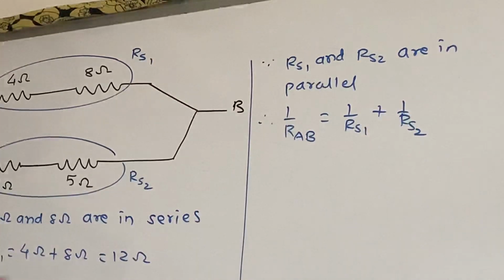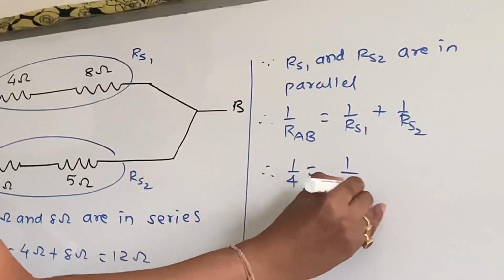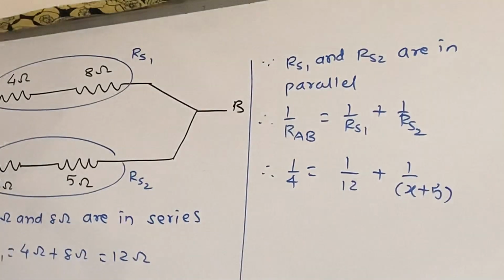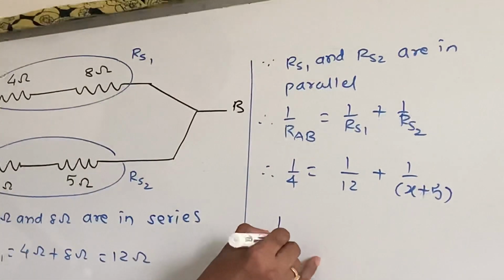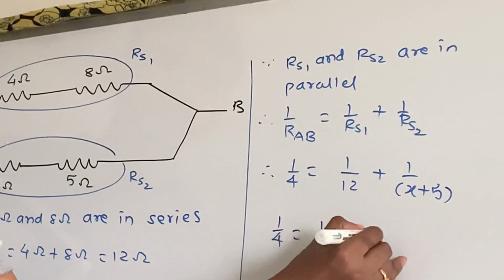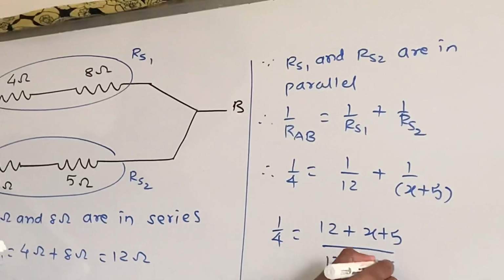That comes out to be 1 by 4 is equal to 1 by 12 plus 1 by X plus 5. Just cross multiply. This is 1 by 4 is equal to 12 plus X plus 5 upon 12 times X plus 5.